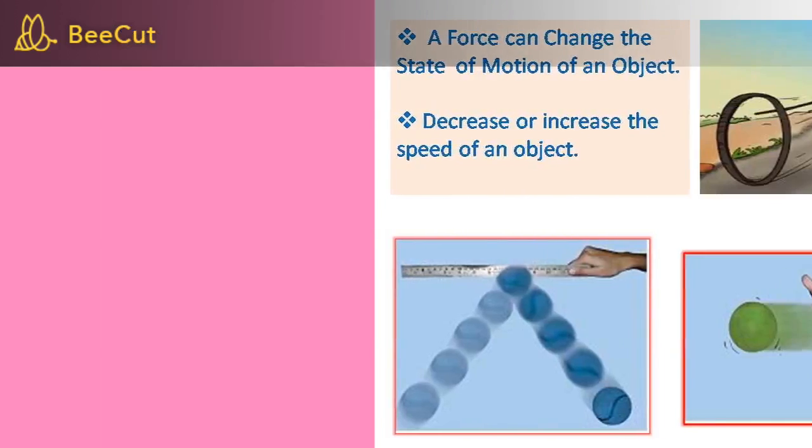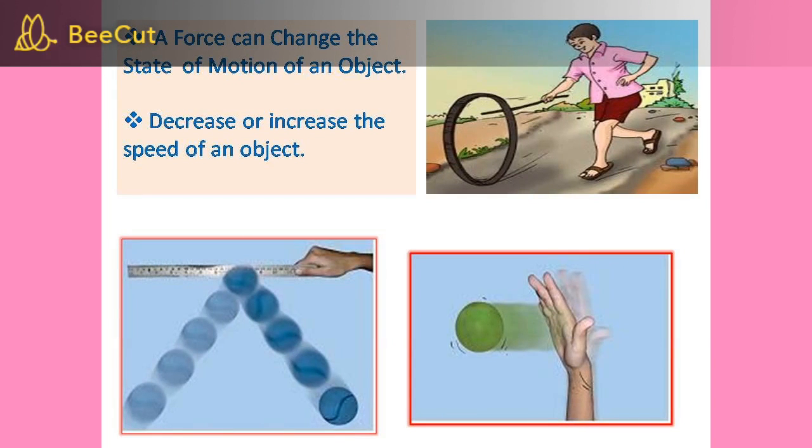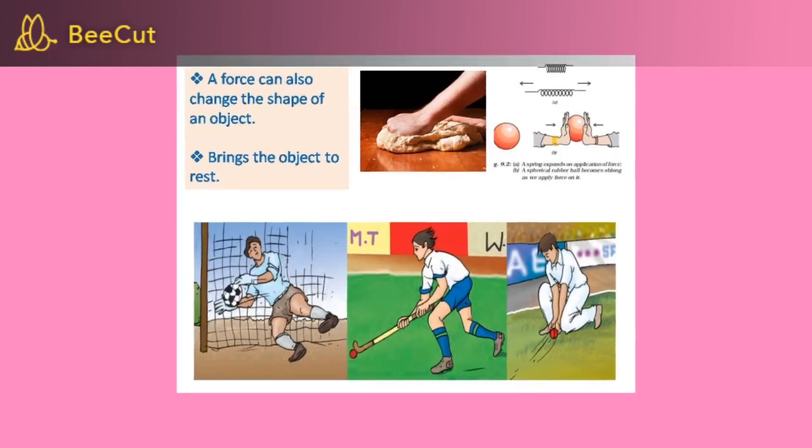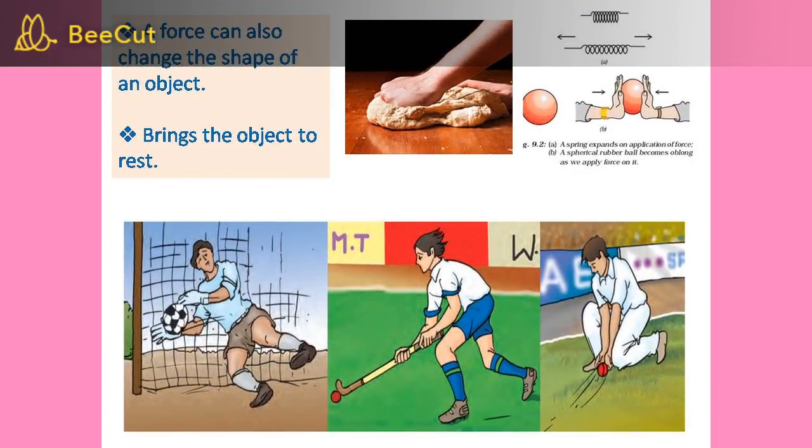The next point is a force can decrease or increase the speed of an object because of the application of force. The sixth point is the force changes the shape of an object. For example, when somebody is making roti, they are applying some force and can change the shape of the object.